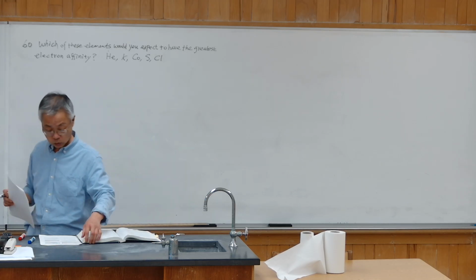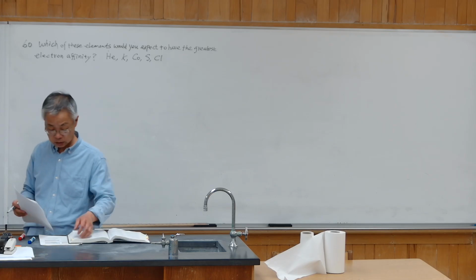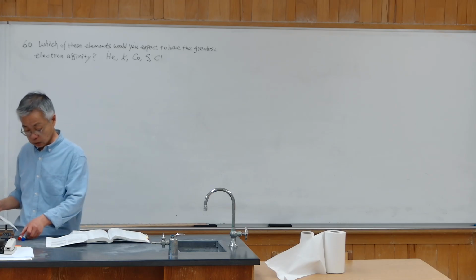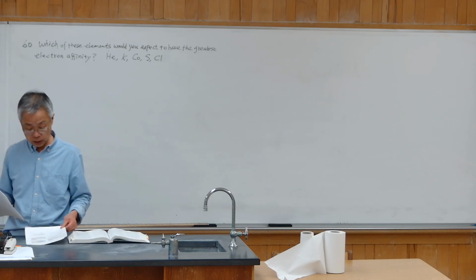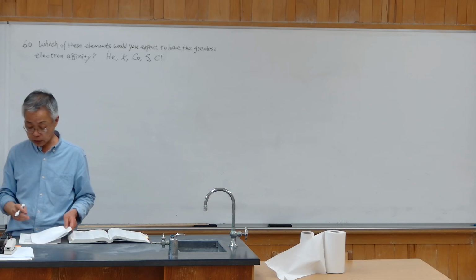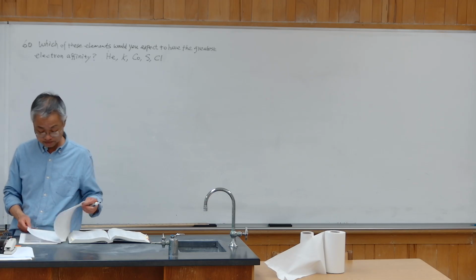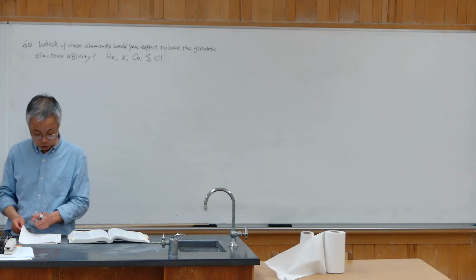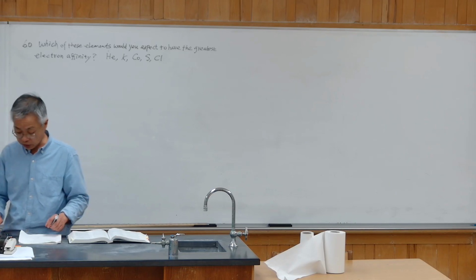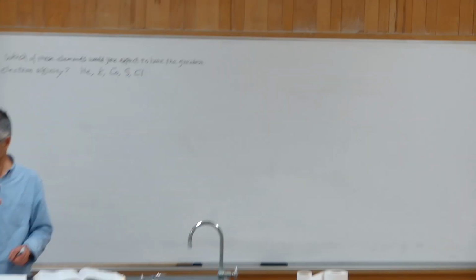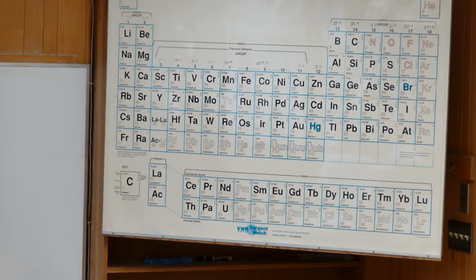You remember what we learned in class? Electron affinity changes for elements in the same period, but there is one trend for sure: group 7A in each period has the highest electron affinity.